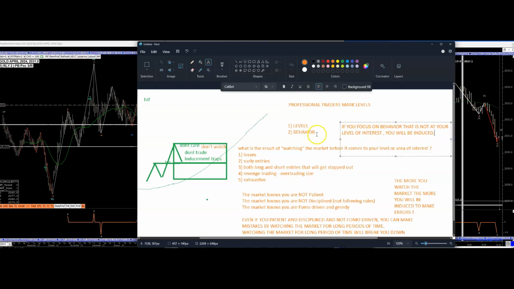So the first thing you need to do is mark levels. Then when it gets to this area, now you start looking at behavior.